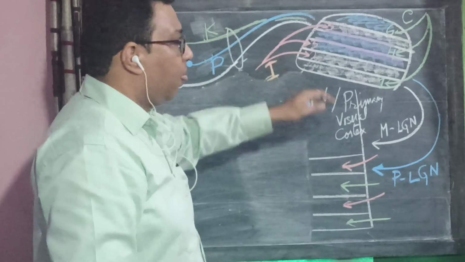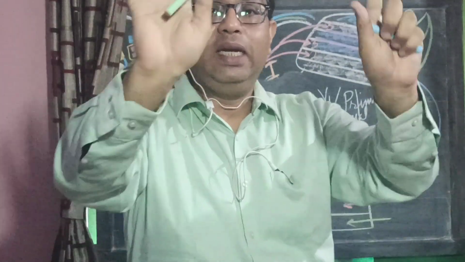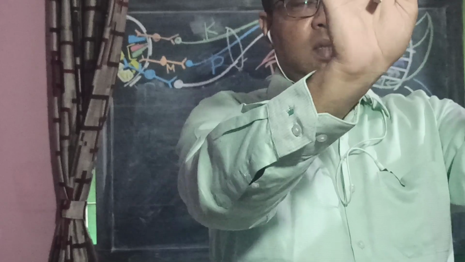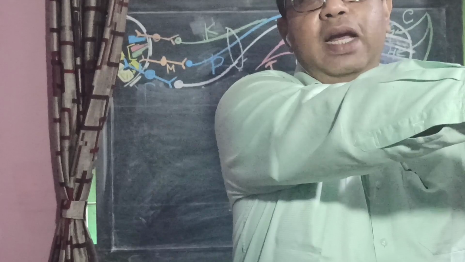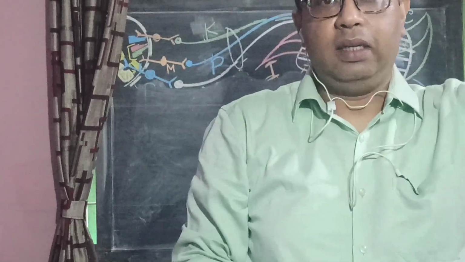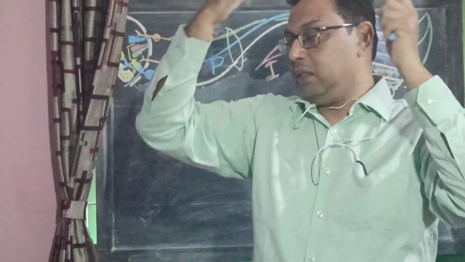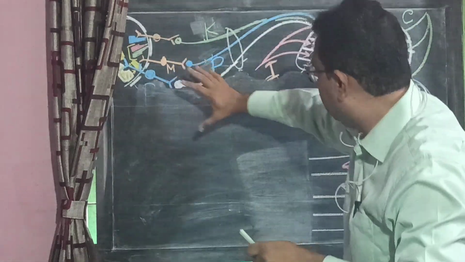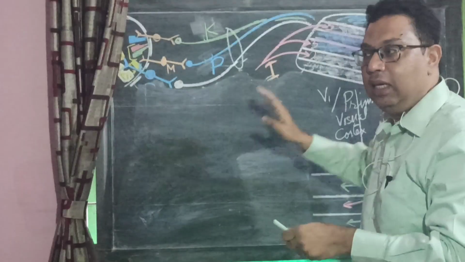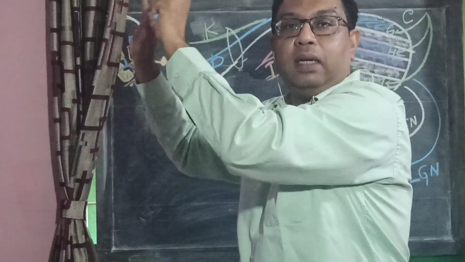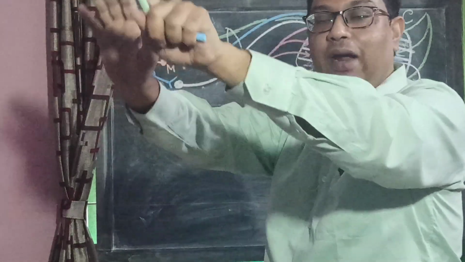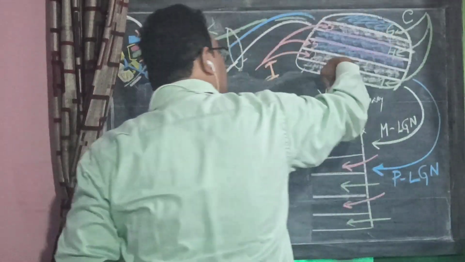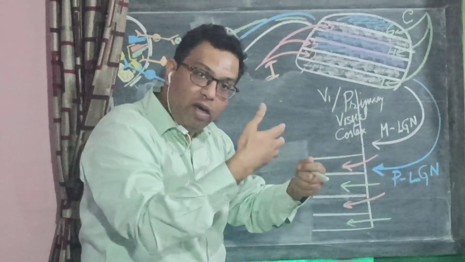So you see, the visual signal coming to one lateral geniculate body is coming from one hemisphere or one half, either the right half or the left half, of the visual world, but even up to the lateral geniculate body, they do not mix.